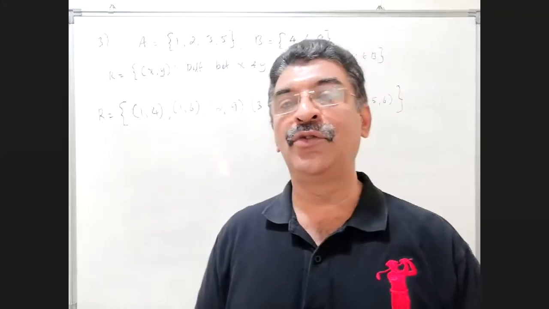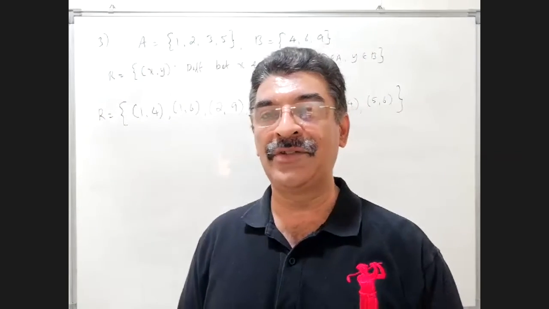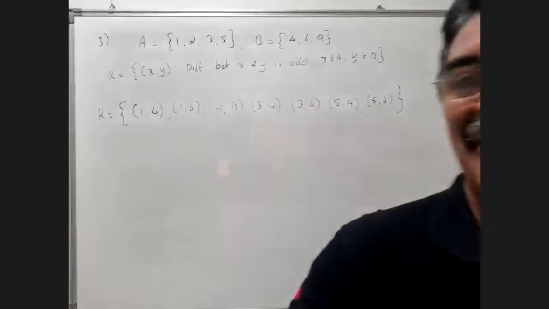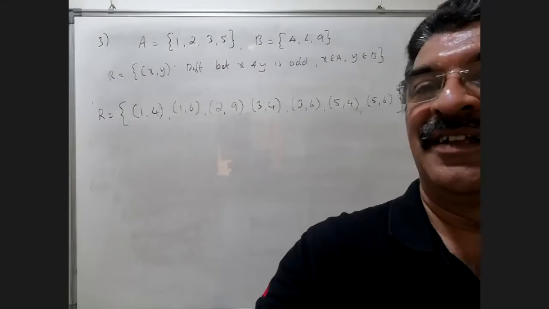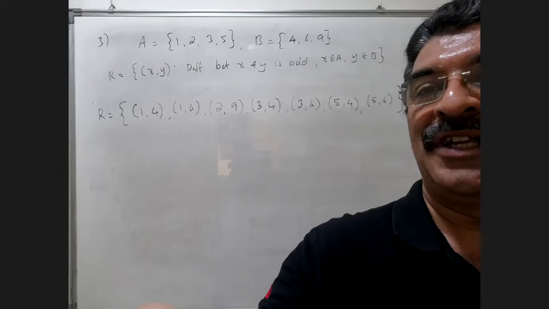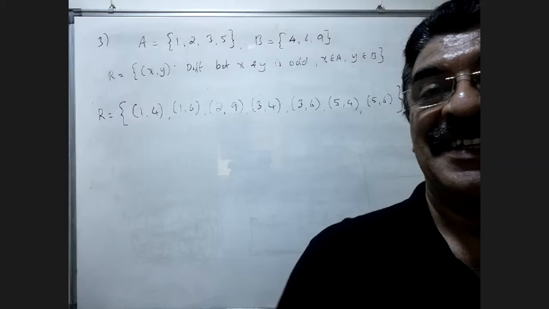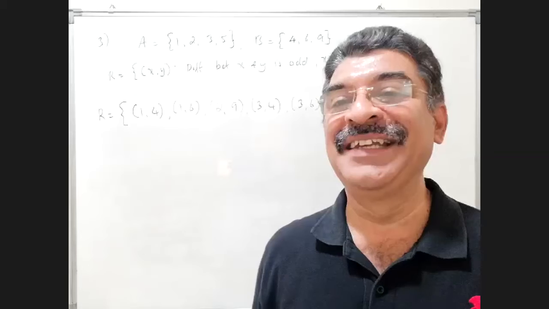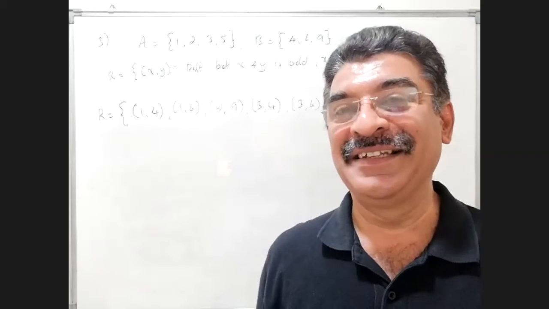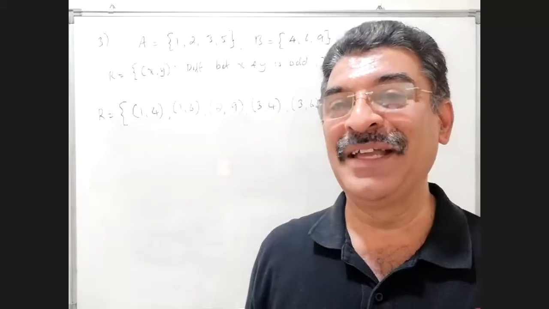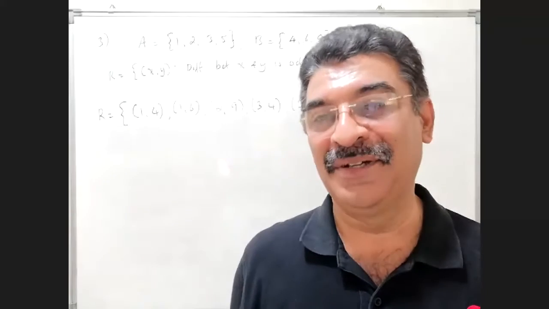One of you asked me why we are not taking the pair 9, 3. What is 9 minus 3? Subtract it and check. 9 minus 3, subtract it. Is it an odd number?